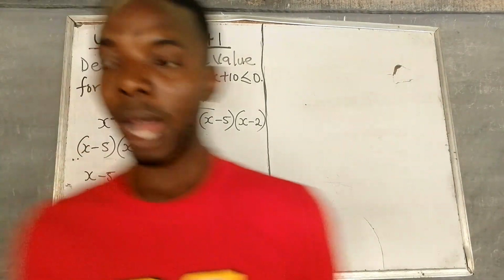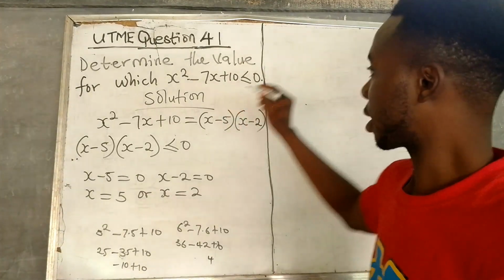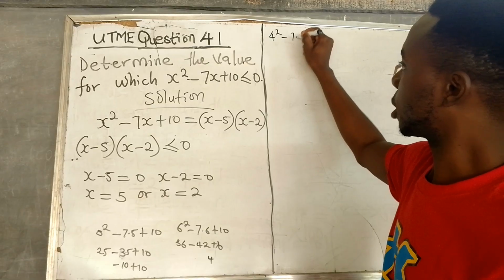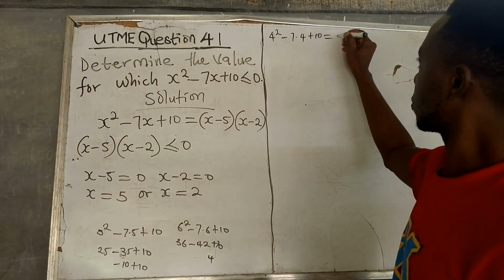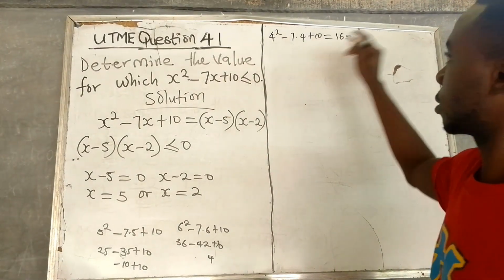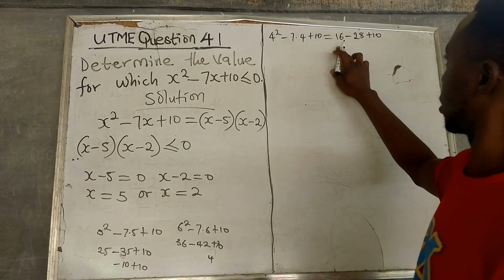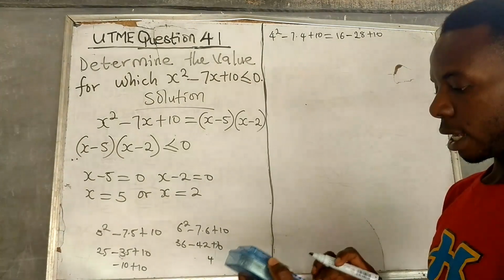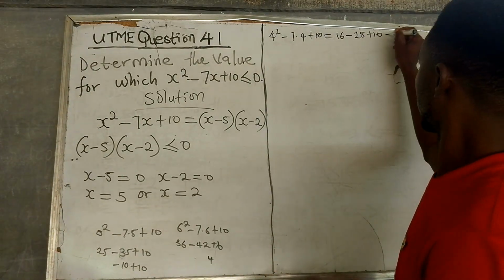Are you with me? So I've tried, and I found out that it must be something lower than 5, right? Because if I put 4 here now as x, 4 squared minus 7 multiplied by 4 plus 10, right? 4 squared is 4 times 4, 16, minus 7 times 4, that is 28, plus 10. 16 minus 28 plus 10 gives me minus 2.